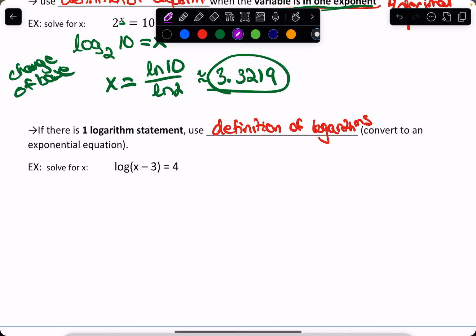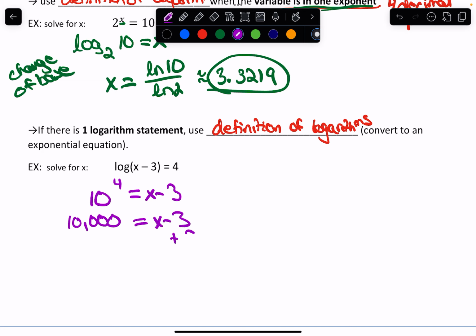So again, the base here is 10 since it's not written. 10 to the power of 4 equals x minus 3. Well, 10 to the power of 4 is 10,000 equals x minus 3. We add 3 and we get 10,003 equals x.